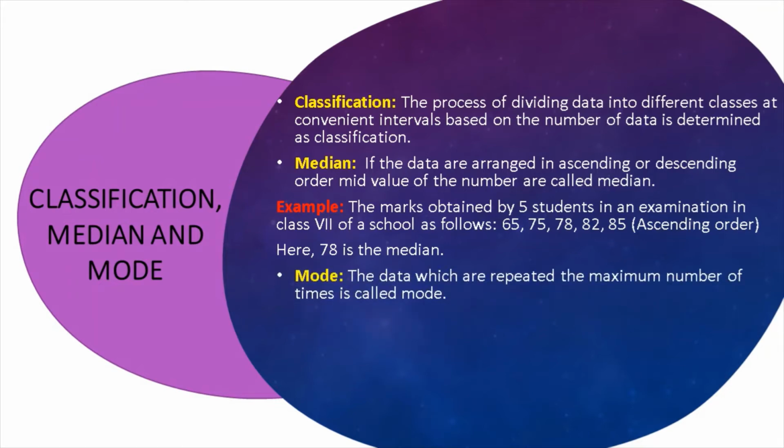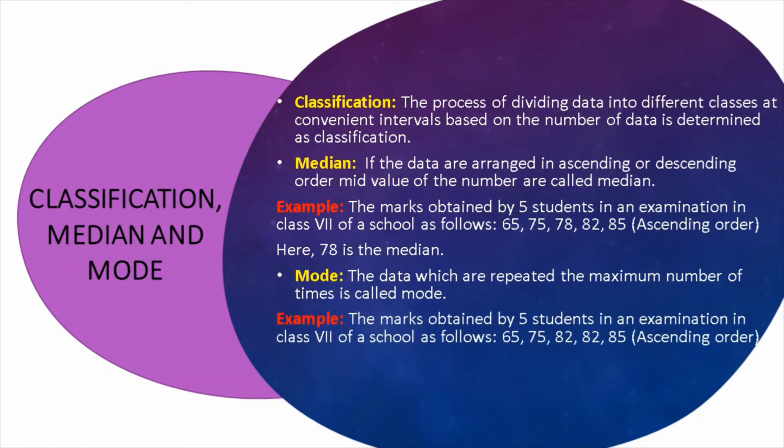So this is the mode. The data which are repeated the maximum number of times is called mode. The marks obtained by 5 students in an examination in class 7 of a school as follows: 65, 75, 82, 82, 85. They are in the ascending order, my dear.